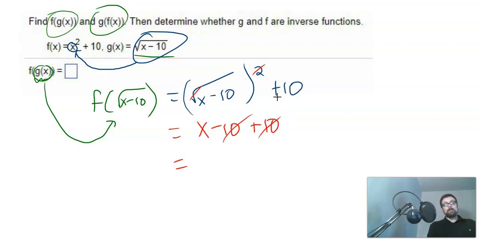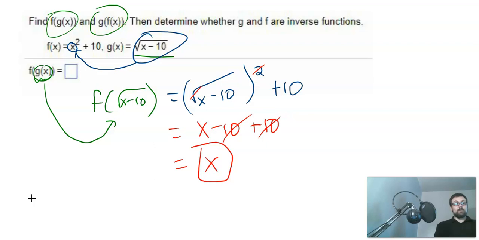The 10's don't cancel each other out initially because they're cut off from each other. But once the square root and the power of 2 go away, the 10's find themselves side by side. Then they can be canceled out, but not before, right? They don't really cancel out here. And so we end up getting x, which is a really good sign that these might be inverses of each other until you check the other one.